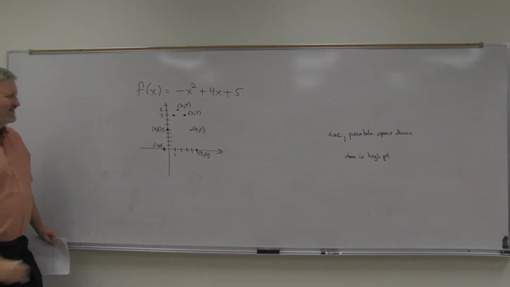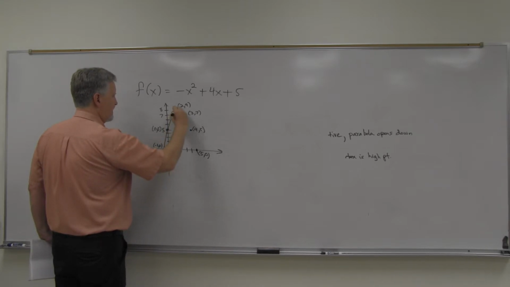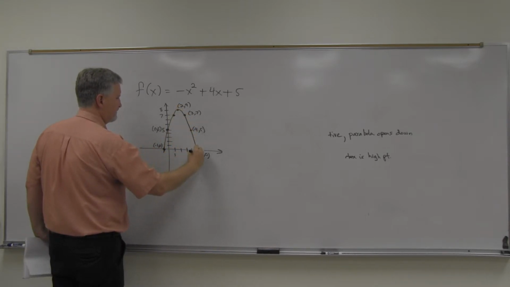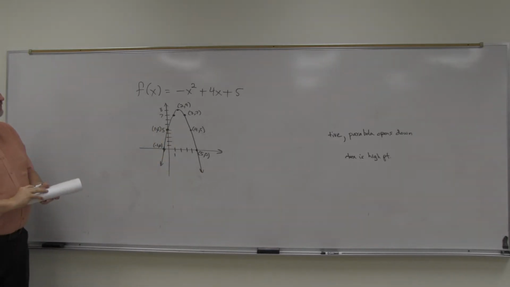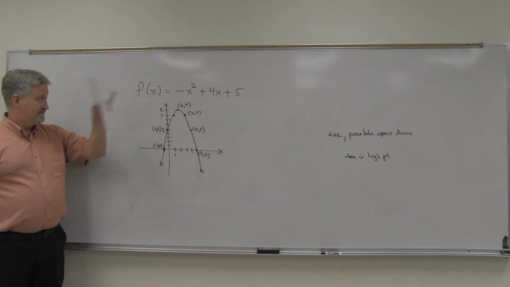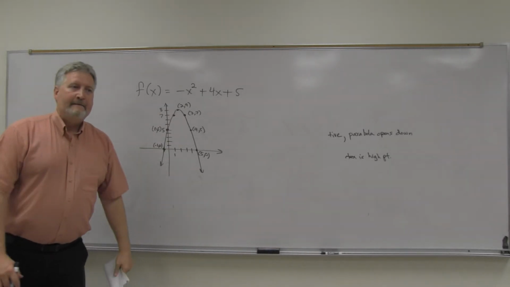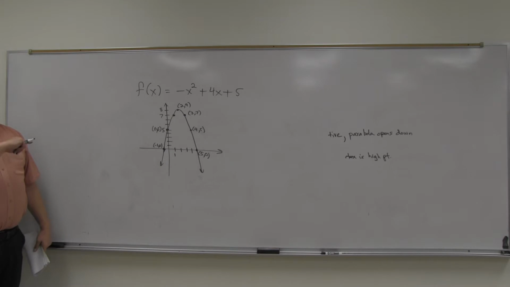Okay. So here's our problem. What we expected, right? Opening down, shifted different ways, but the opening down is easy, right? That makes sense. That's what it looks like. All right. Well, here's what I want to show you. What's the vertex here?